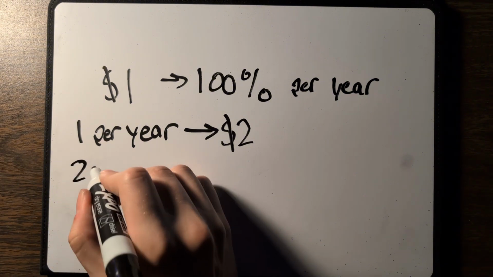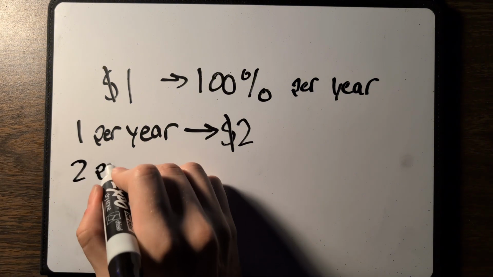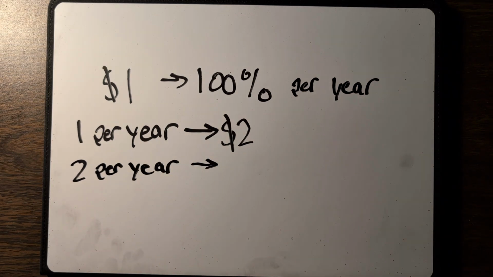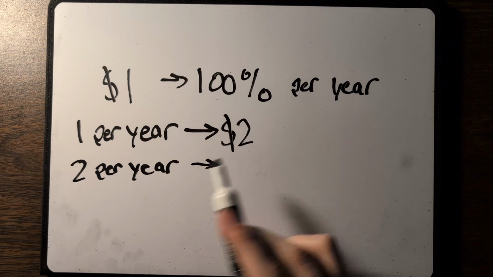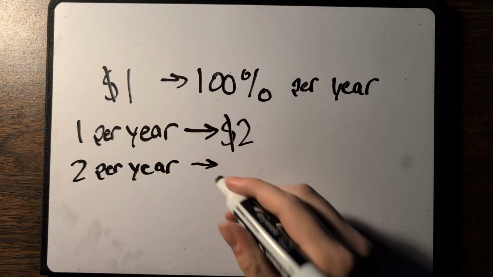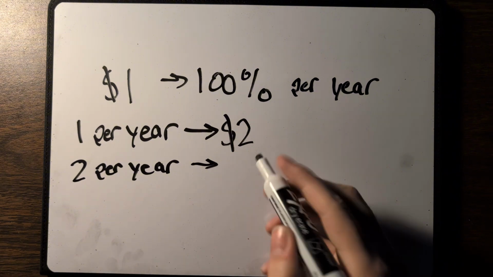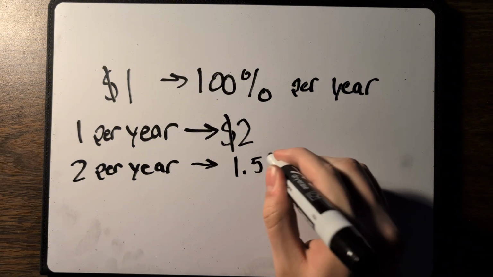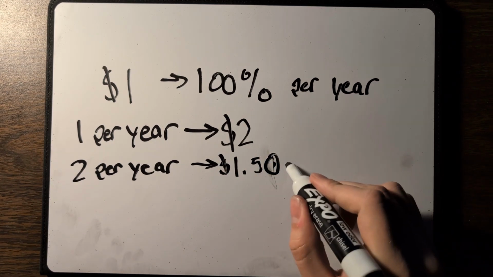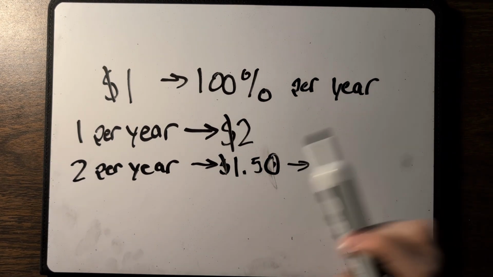Well, twice per year means we'll first start off with $1 times 50% interest, which will be $1.50. But we're not done yet.